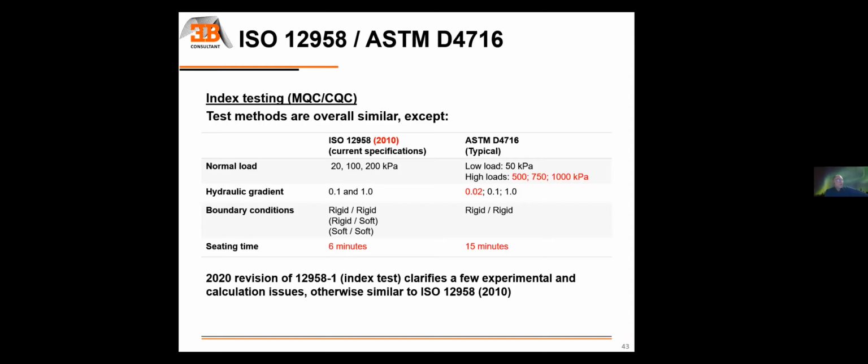Boundary condition. The new standard, actually what I've written here may be confusing. Here I've written that the current specification calls for it. That's true. You do have most of the boundary conditions in the current specification, which are rigid, and sometimes rigid-soft and soft-soft.